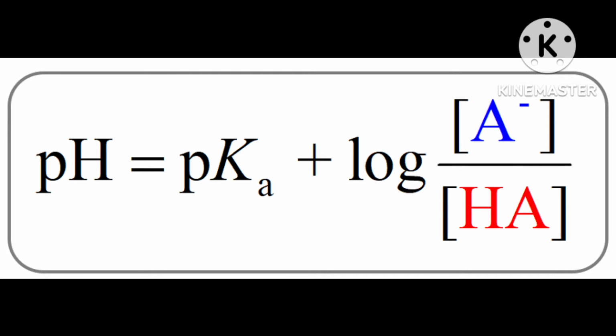Plus, from the acid also it gives some anion, but that is very, very little. But mainly the anion comes from the salt, which was formed by the weak acid and a strong base.